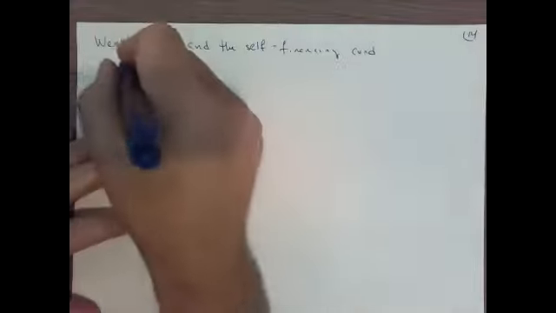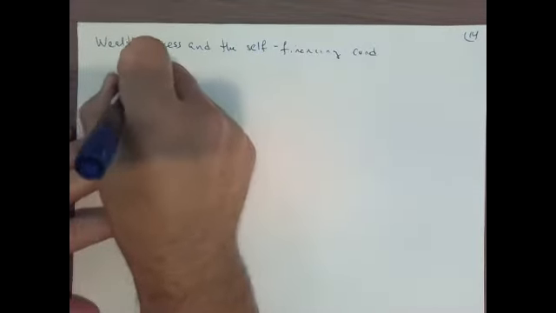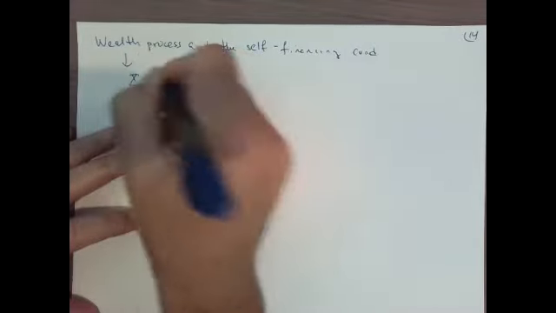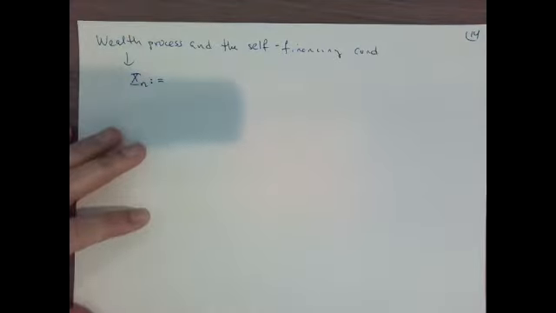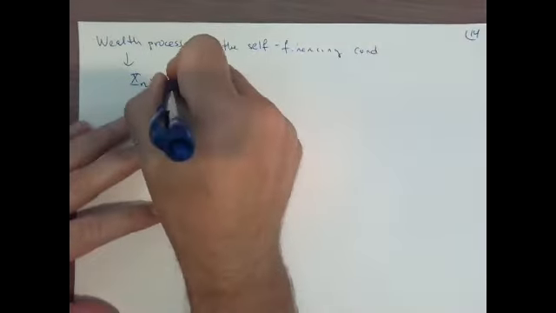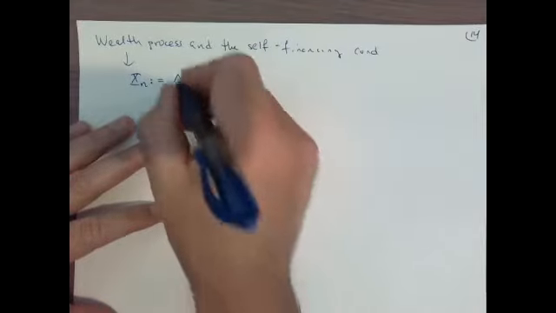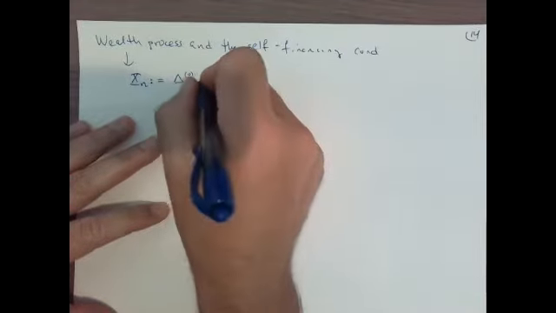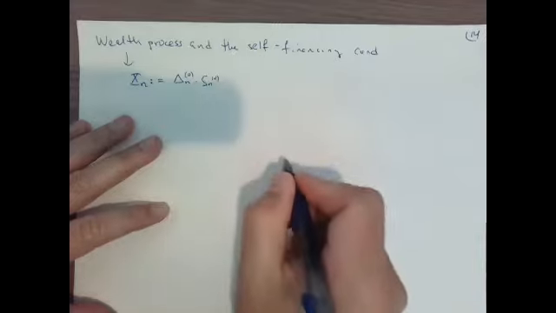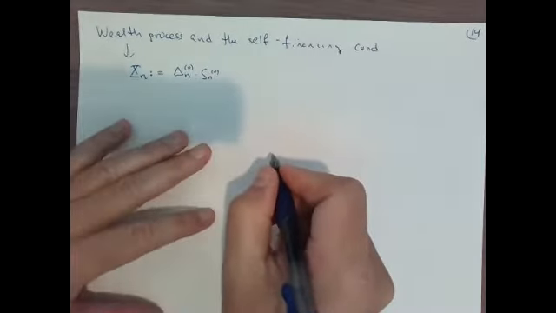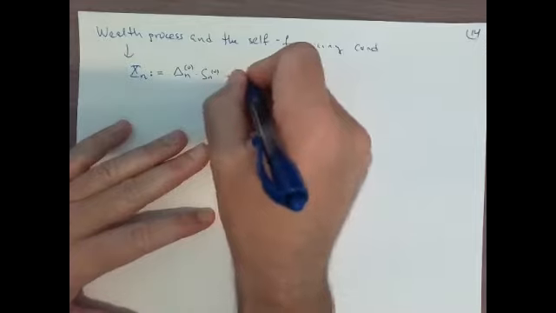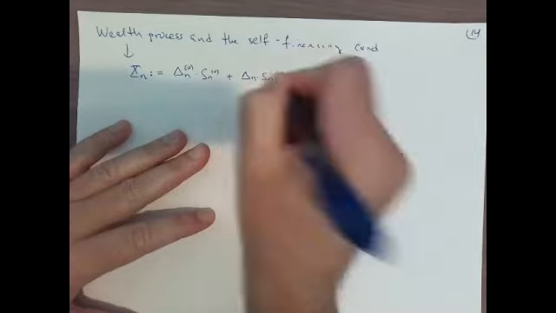We already talked about these concepts in the one period model. So we have the wealth process. This is our xn. The way the wealth process is defined is you look at the number of assets times their prices and you sum them up. So you look at the number of money market account units times the price of the money market account plus the number of stocks times the stock price.